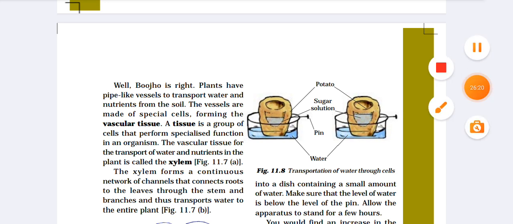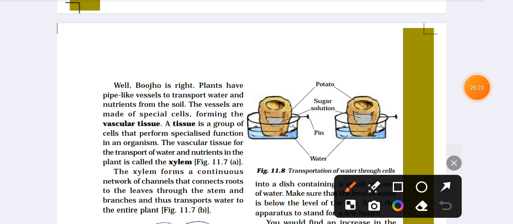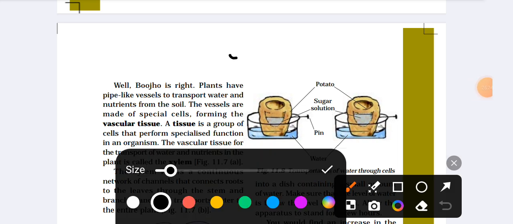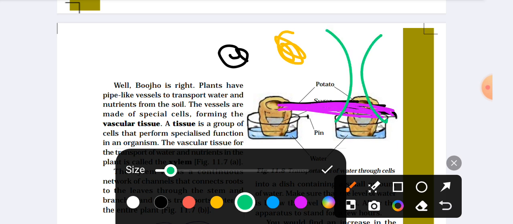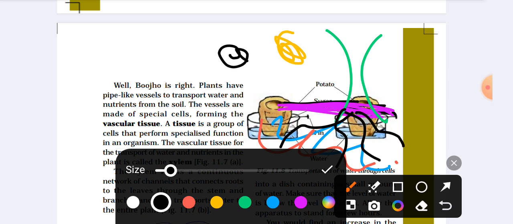Let's take black color to be xylem and yellow color to be phloem. This is the soil and this is the plant. This is the water and these are all the nutrients and the minerals. Now here are the roots.